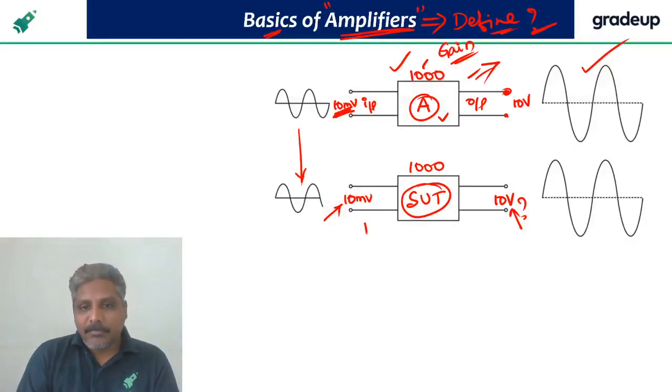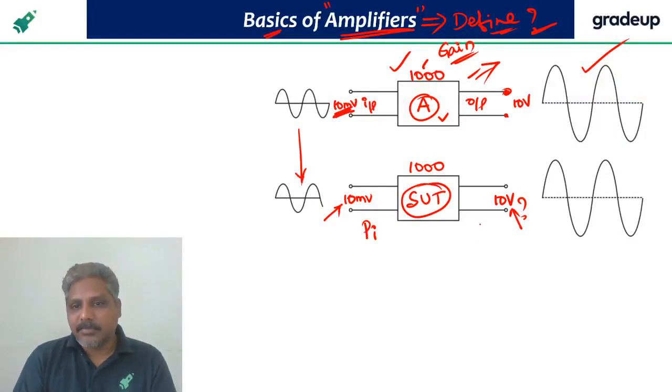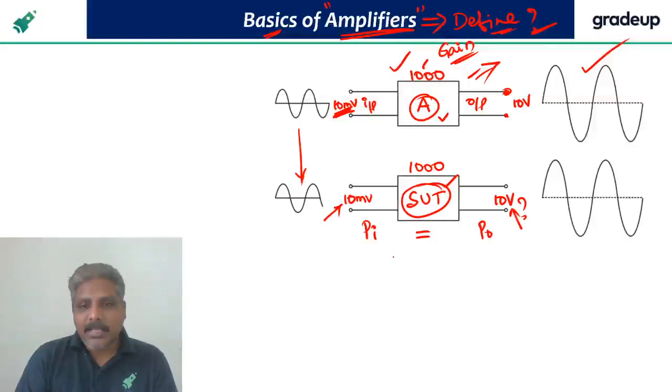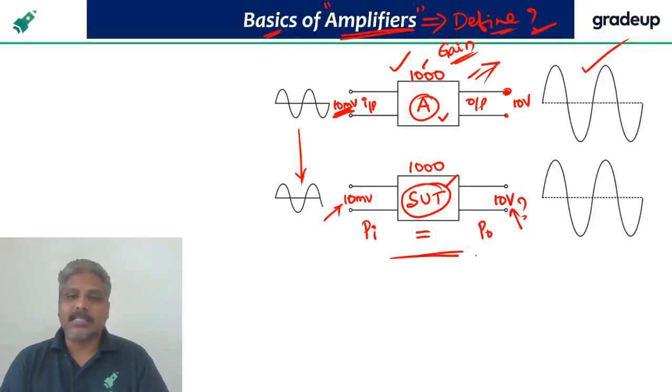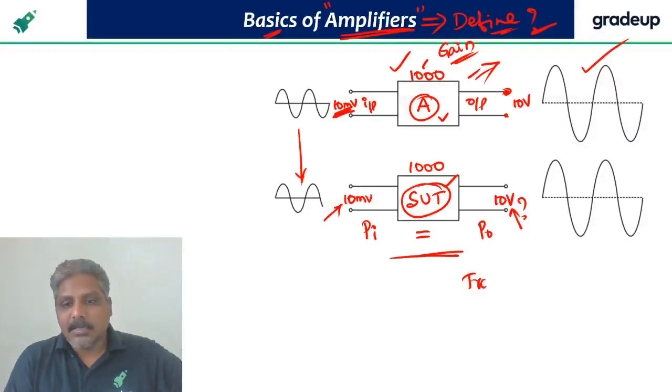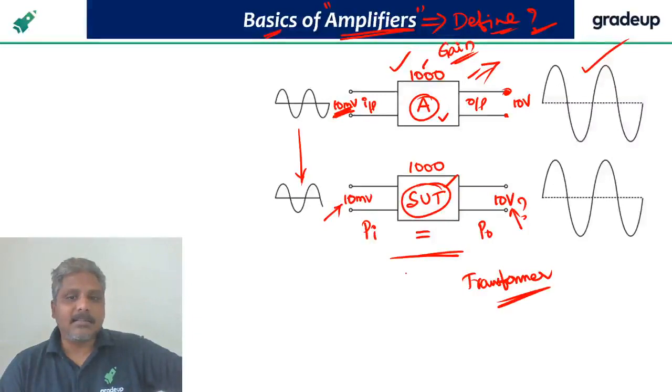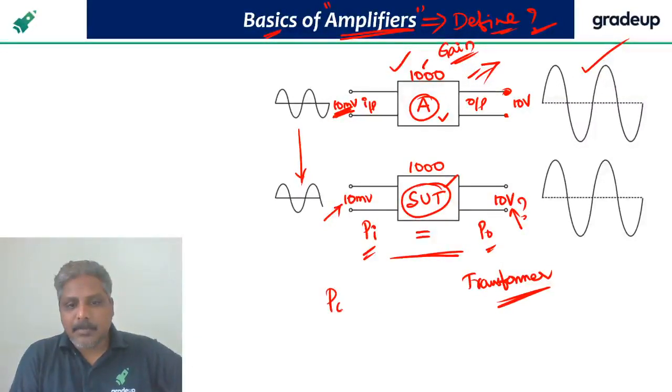If I find the power at the input and the power at the output, in a transformer, let it be a step-up transformer, step-down transformer, any transformer, the output power is going to be exactly the same as the input power. That is why it is called a transformer. It is just transforming the voltage, not changing the power. You may ask, sir, power is after all nothing but voltage times current.